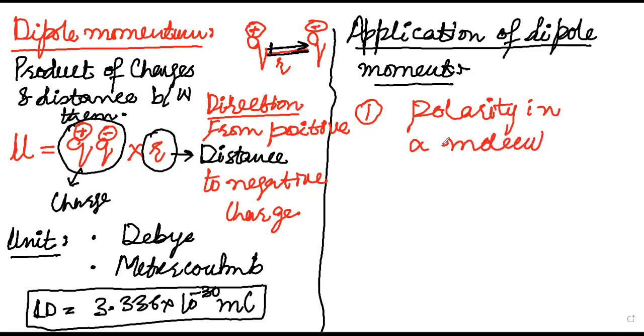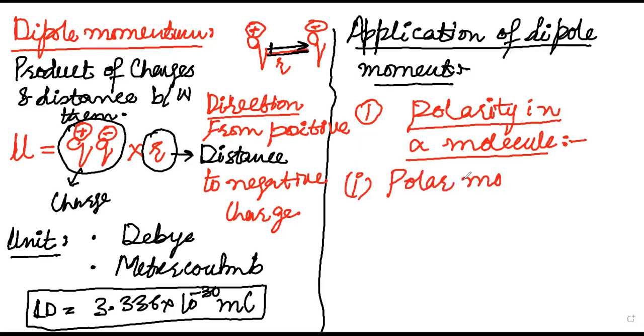In the factor of polarity, there are two main points. Number one is polar molecule, and number two is non-polar molecule. First of all, we'll discuss the polar molecule with an example.